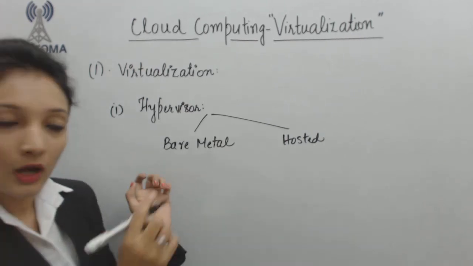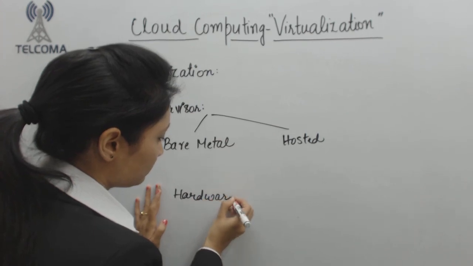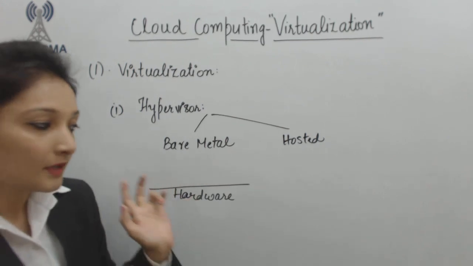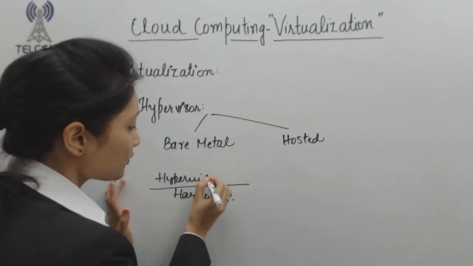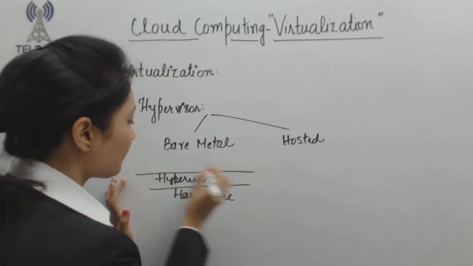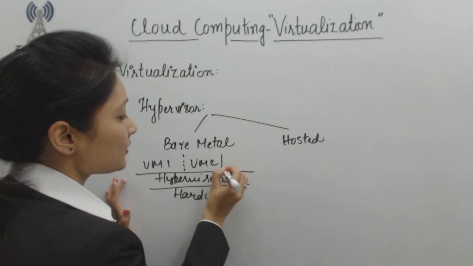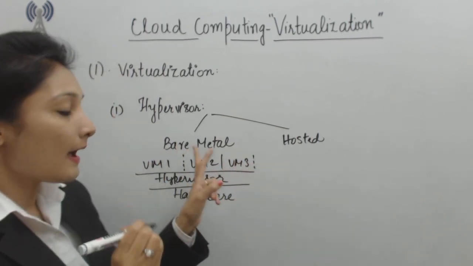Simply hardware. After your hardware, you will have the hypervisor layer. That means you don't have any host operating system. After that, you can have virtual machine 1, virtual machine 2, or another virtual machine. So this is your bare metal.